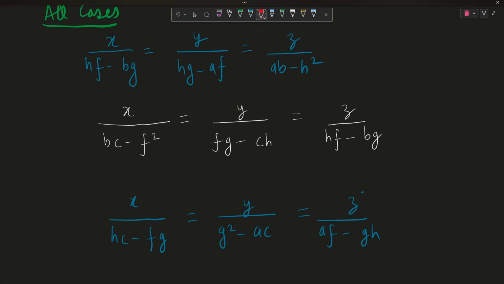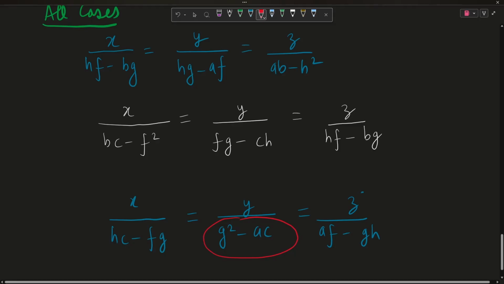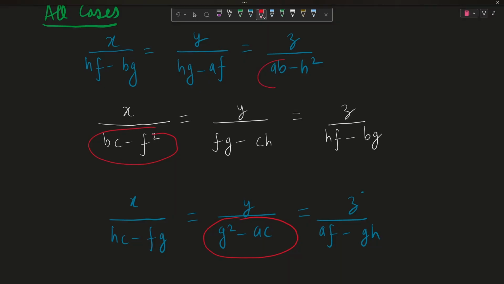Yes, so now I have written all the three equations, and what I'm observing is that here it is g square minus ac, here it is bc minus f square, and here it is ab minus h square.